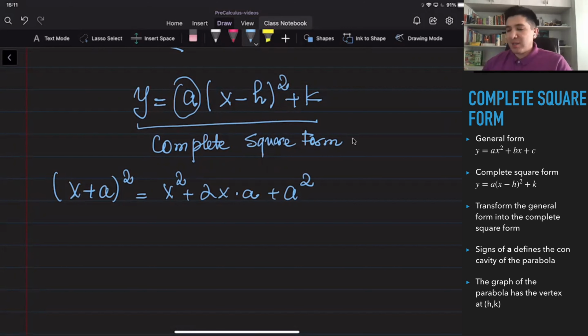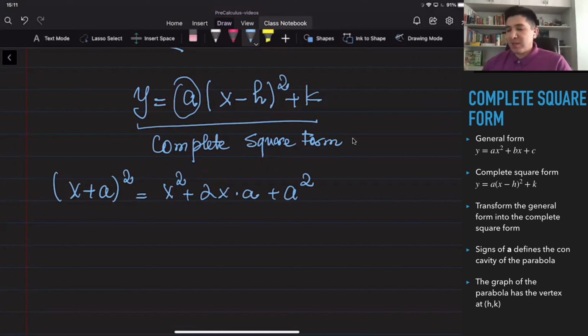Again, the structure of this complete square when we open all the brackets is always the first term x squared, then 2x times some constant, and plus this constant squared. So let's try to solve how we can do this.